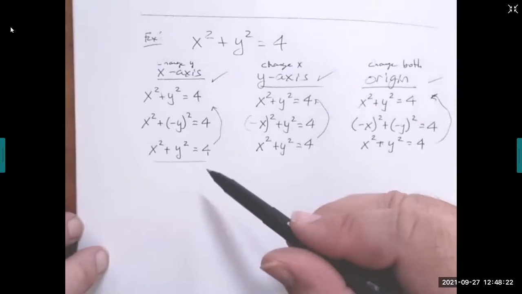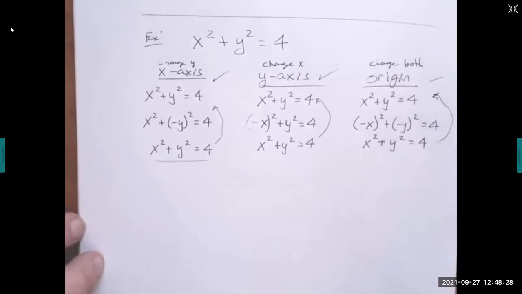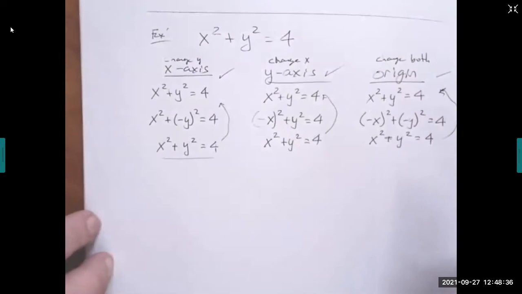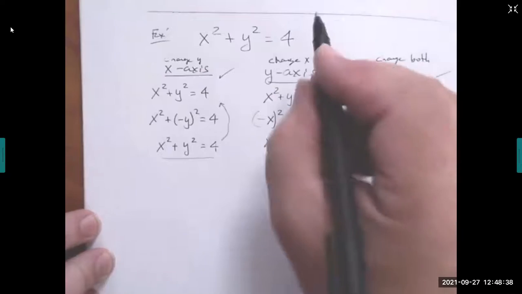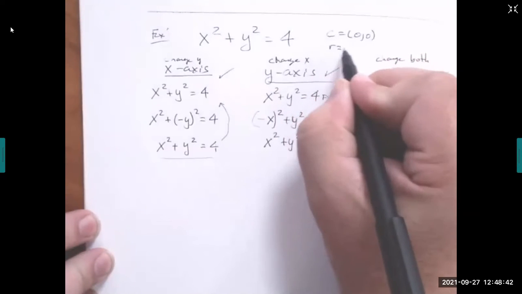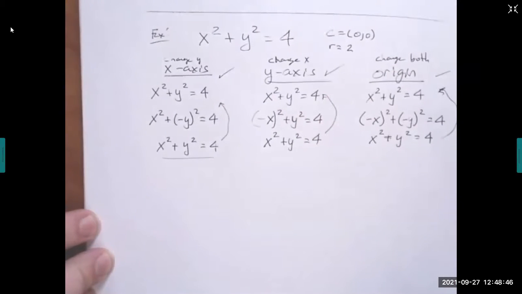Why is it symmetric about all three of those? It's very good. Radius what? Where's the center and what's the radius? Very good. Radius, right, 2.